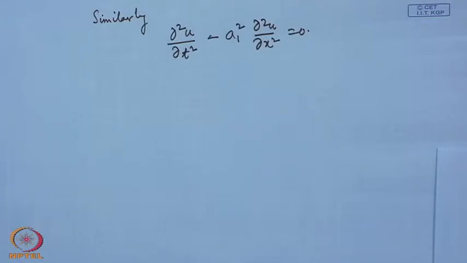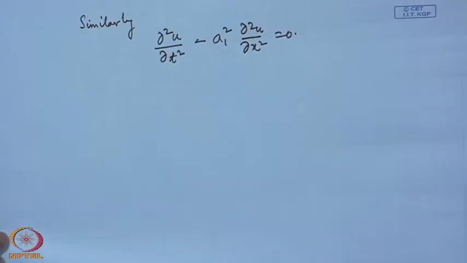So, we see that the density disturbance as well as the velocity disturbance both satisfy the wave equation, and the disturbance propagates with a definite wave speed, which in this case is a 1 or the speed of sound.